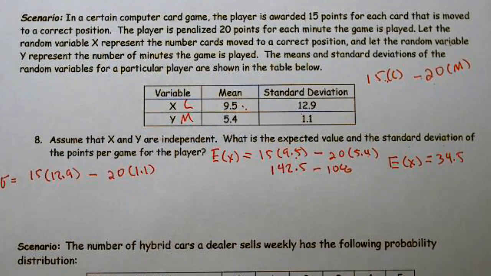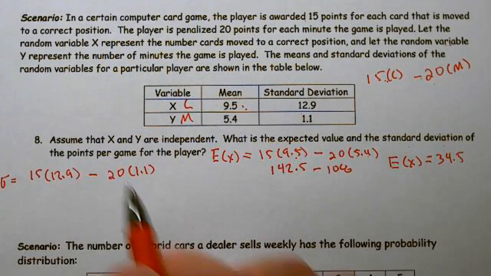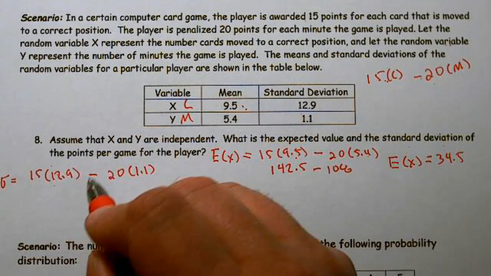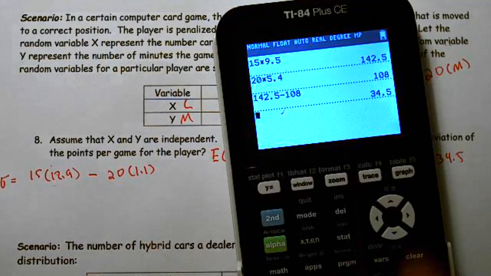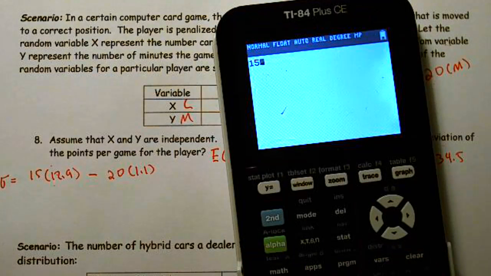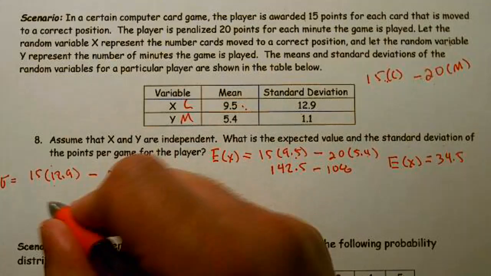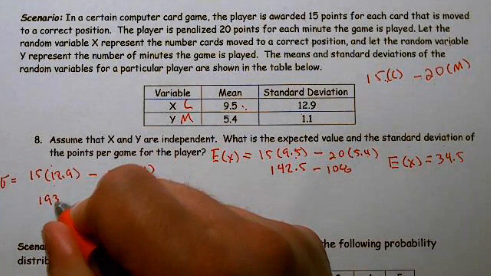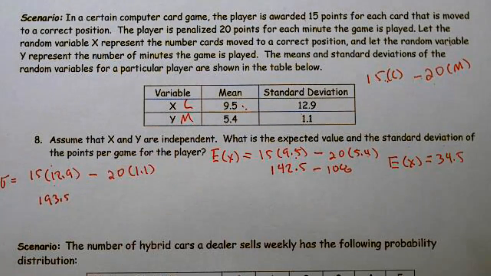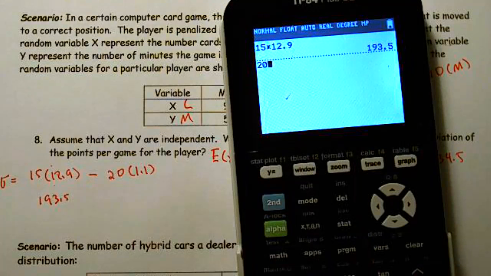Only I have a problem here, all right? So first off, let's calculate these. So 15 times 12.9 is 193.5. And 20 times 1.1 is 22.